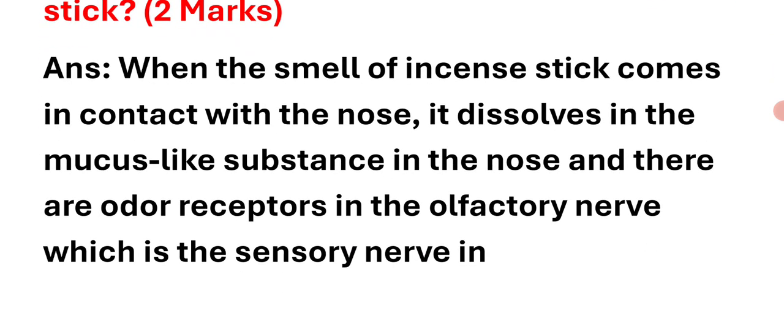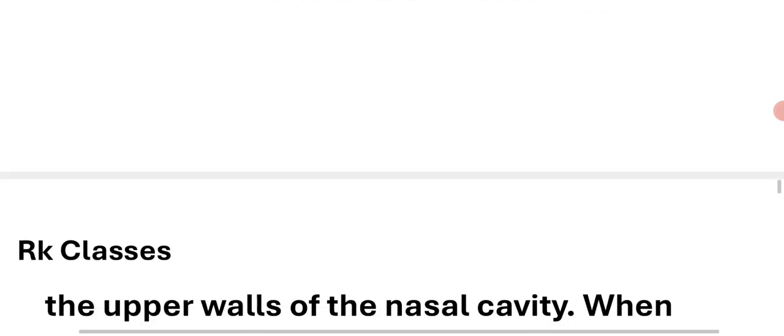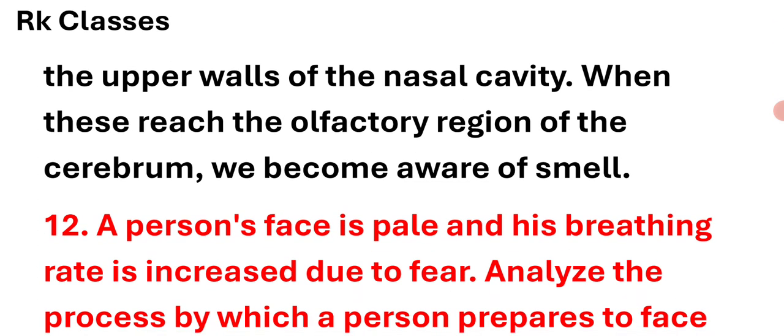When the smell of the incense stick comes in contact with the nose, it dissolves in the mucus-like substance in the nose, and there are odor receptors in the olfactory nerves, which are the sensory nerves in the upper wall of the nasal cavity. When these signals reach the olfactory region of the cerebrum, we become aware of the smell.